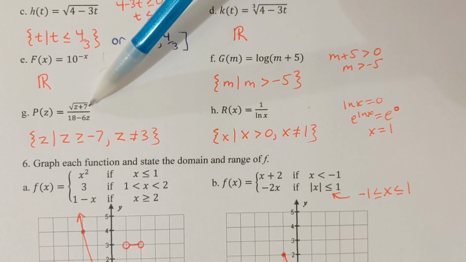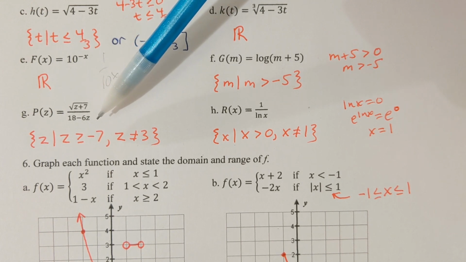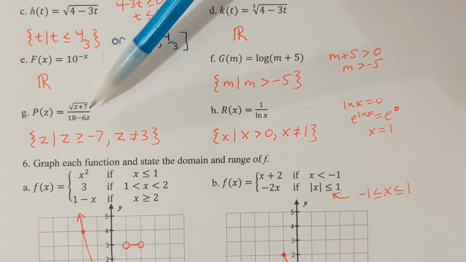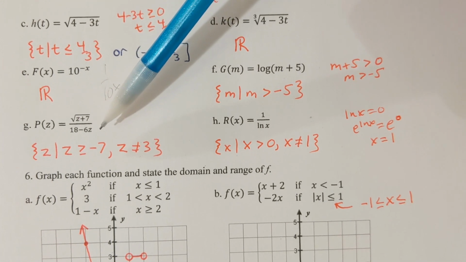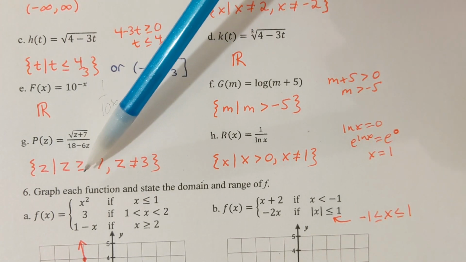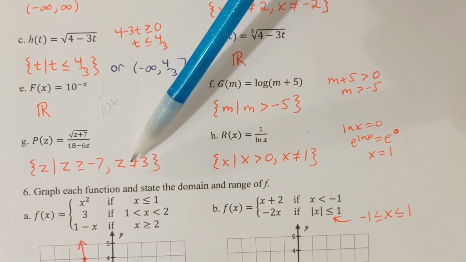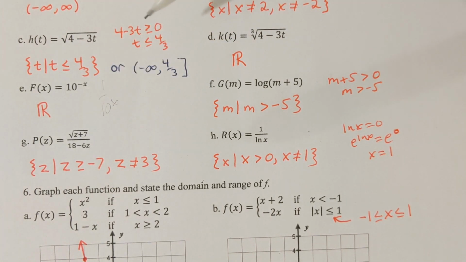And underneath the radical, z plus 7 has to be non-negative. So if you say z plus 7 greater than or equal to 0, z would be greater than or equal to negative 7. So all in all, you can have any number that is negative 7 or bigger, just don't take 3 though, because we can't divide by 0.